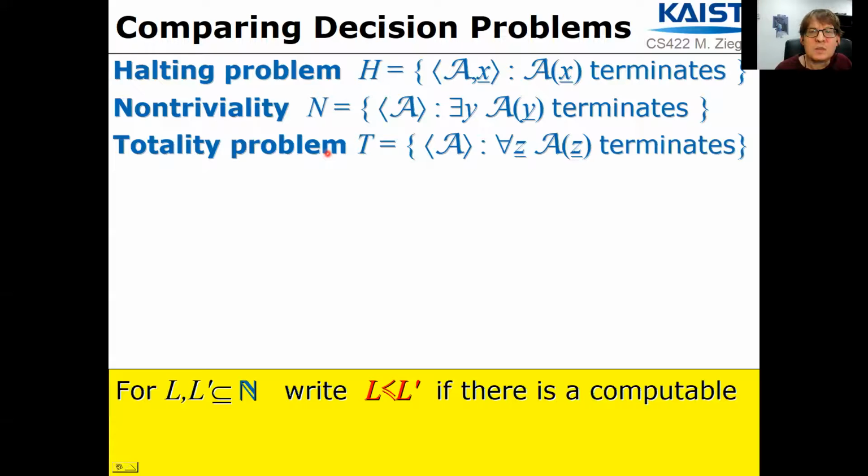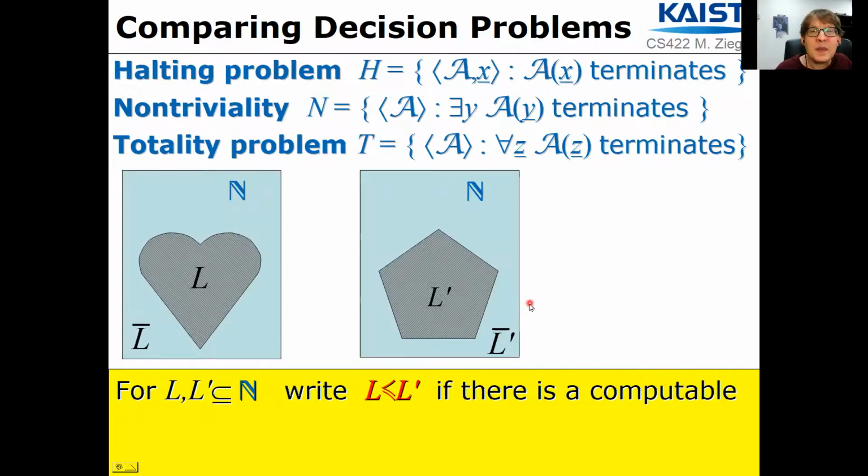To this end, let's introduce the following notion. For two decision problems, for two subsets of natural numbers, we write L is less or equal to L prime. The intuitive meaning that we want to capture formally is that L is at least as hard as L prime. Around here you see a formal depiction of these two decision problems.